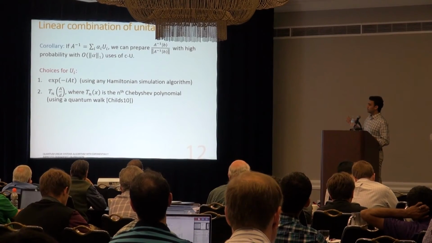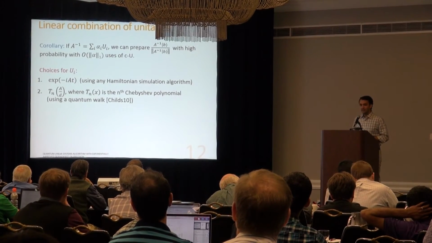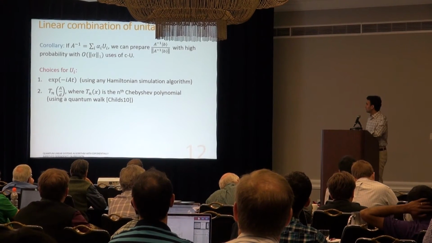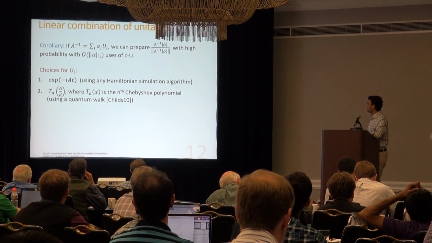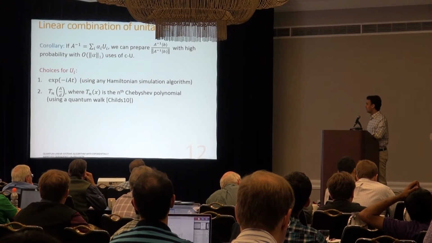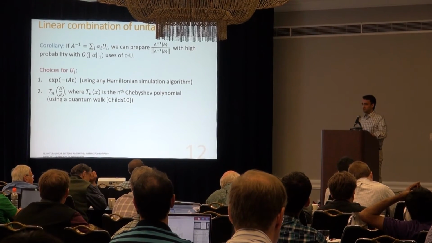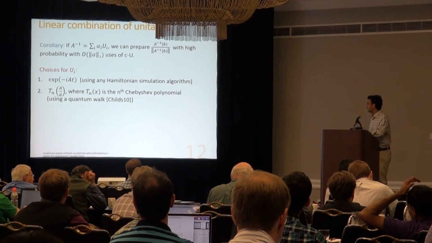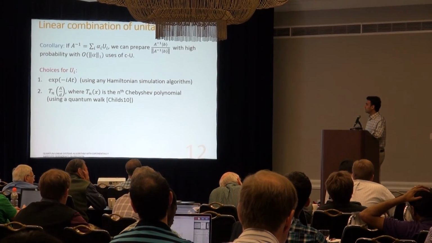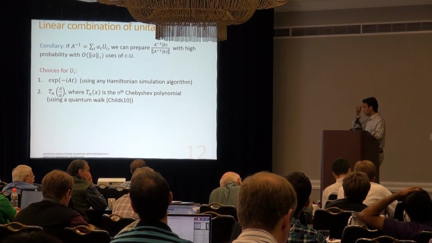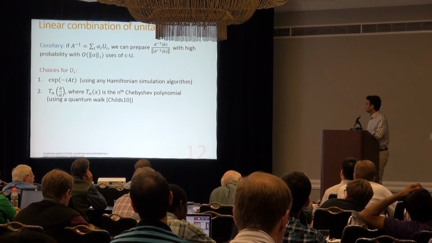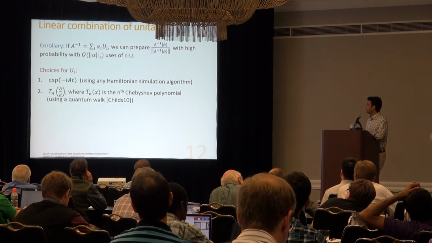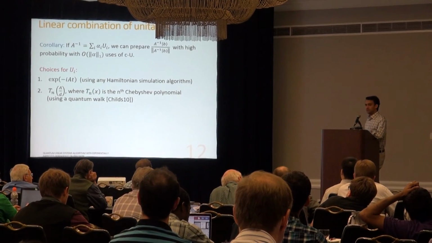It's the nth Chebyshev polynomial of the matrix A. This is kind of bizarre looking, but it really does come up on its own without any weird trickery. If you just write down the quantum walk and analyze it, it really is implementing the nth Chebyshev polynomial, which is kind of interesting and cool. So this gives us two different choices for these Us. You can go the Hamiltonian simulation approach and use the unitaries that arise out of Hamiltonian simulation, or you can use this quantum walk approach, and then you get to use these Chebyshev polynomials.